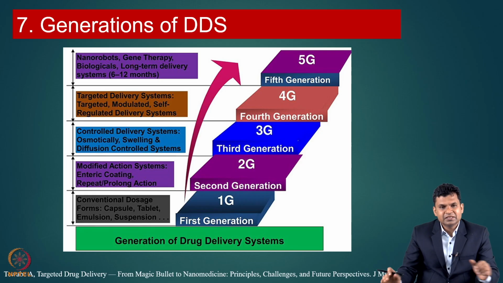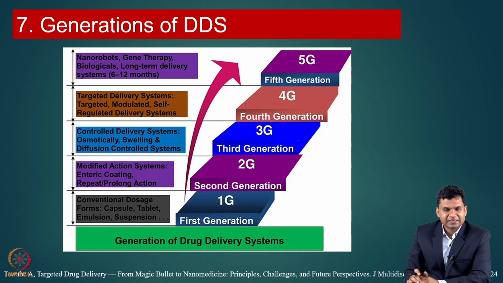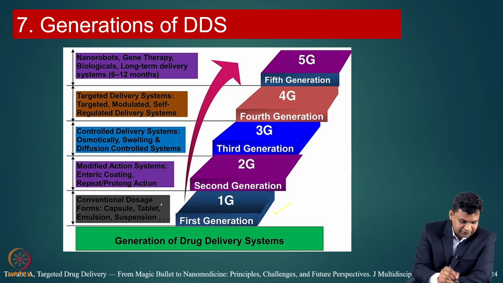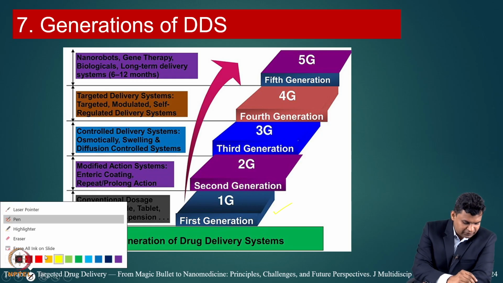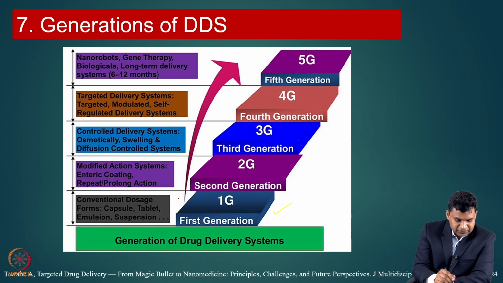So, here are the generations of drug delivery systems. You can also say that it is an evolution of the drug delivery systems. We can see it is classified into 5 generations. First generation: we know that these are the conventional systems, nothing but capsules, tablets, emulsions and suspensions.